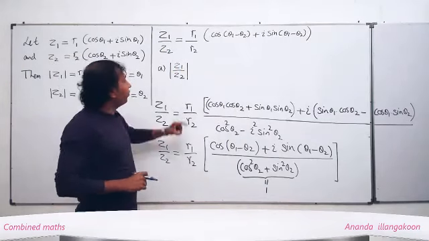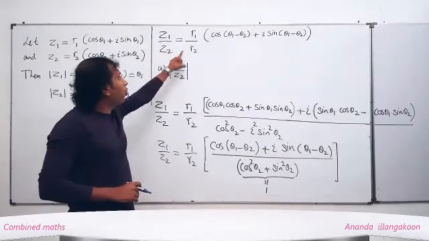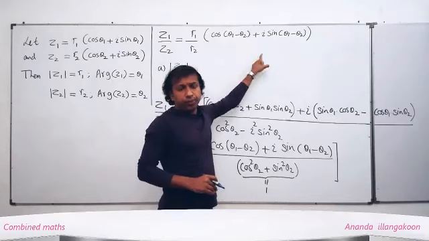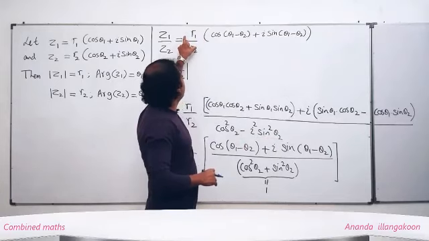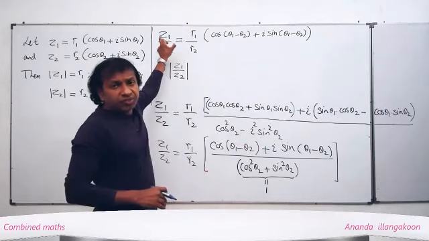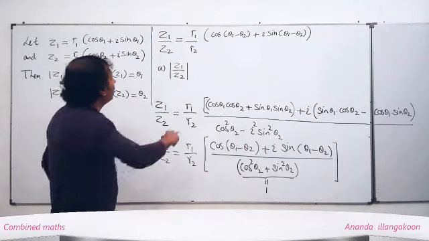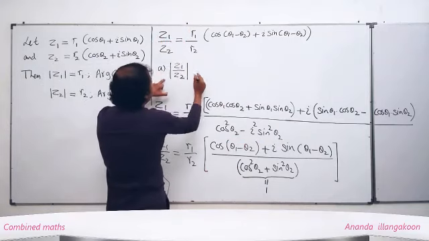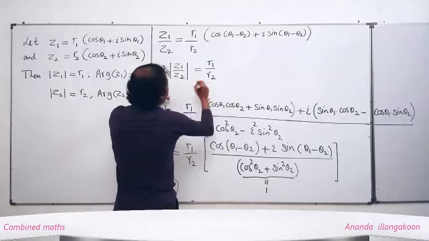No? So therefore, this Z1 divided by Z2 is a complex number. Then its polar form is on the right-hand side. In the polar form, the first figure before the bracket is the modulus of the left-hand side complex number. It is therefore that the modulus of Z1 divided by Z2 is R1 divided by R2.